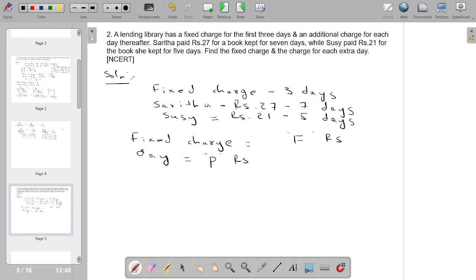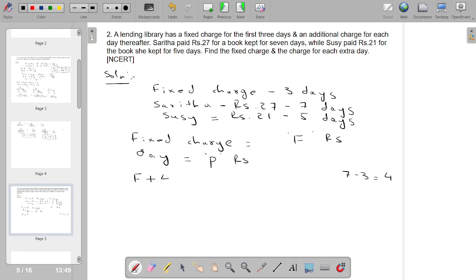See here, Sarita kept the book for 7 days. So the first 3 days will be fixed charge. After 3 days, for the next 4 days, because she kept the book for 7 days, 7 minus 3 is 4. So for the 4 days she paid additional cost on a per day basis.